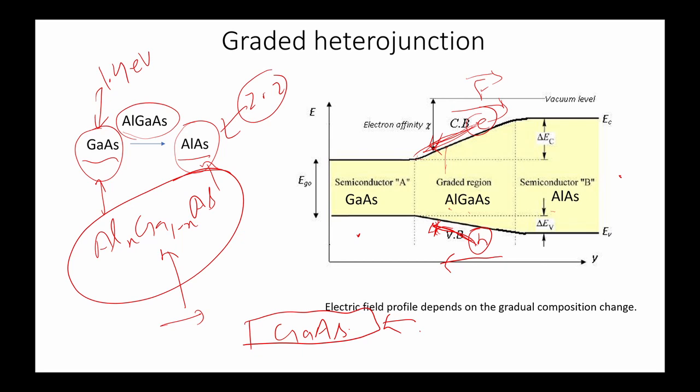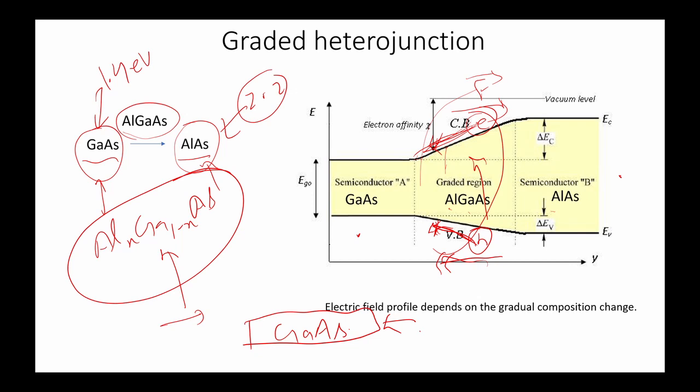So there is an opposing field in a single semiconductor. At this graded junction, there are two fields acting on electrons and holes. Holes are moving this side, electrons are moving this side, the field is opposite. This cannot be realized in any of the elementary semiconductors.